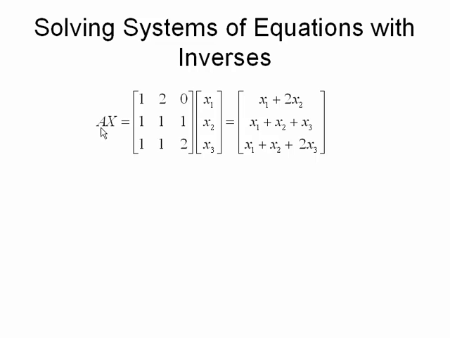So let's take the matrix A times the matrix X. So I'm going to take that 3 by 3 times a 3 by 1, and when I take a 3 by 3 times a 3 by 1, that gives me a 3 by 1.